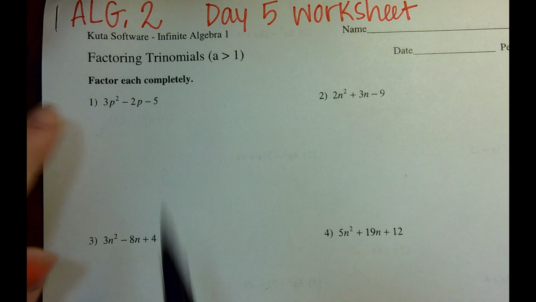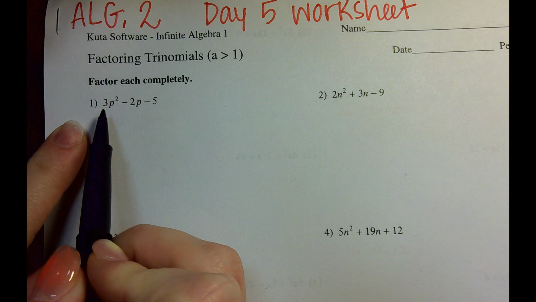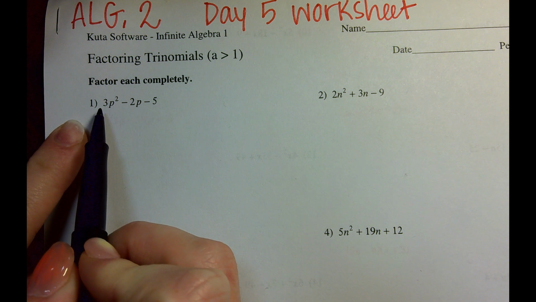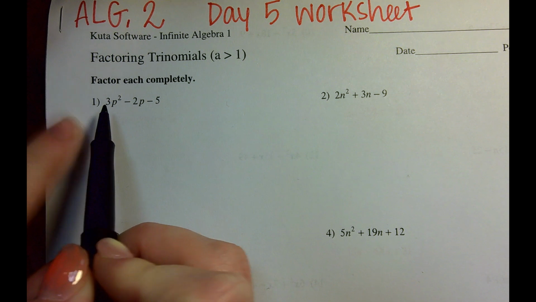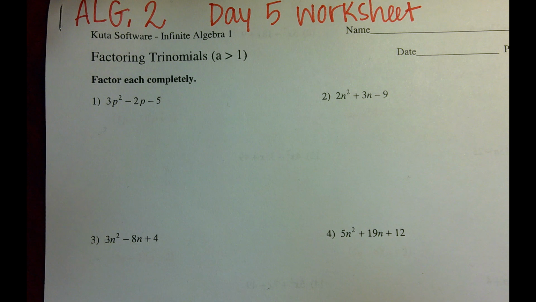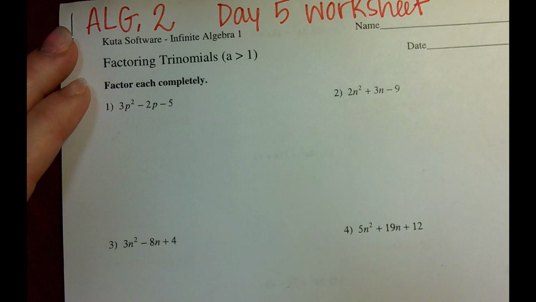But now we've moved on to where we have trinomials where our first term is not 1. Now it's bigger than 1. So we need to just quickly review what we do whenever that is the case.